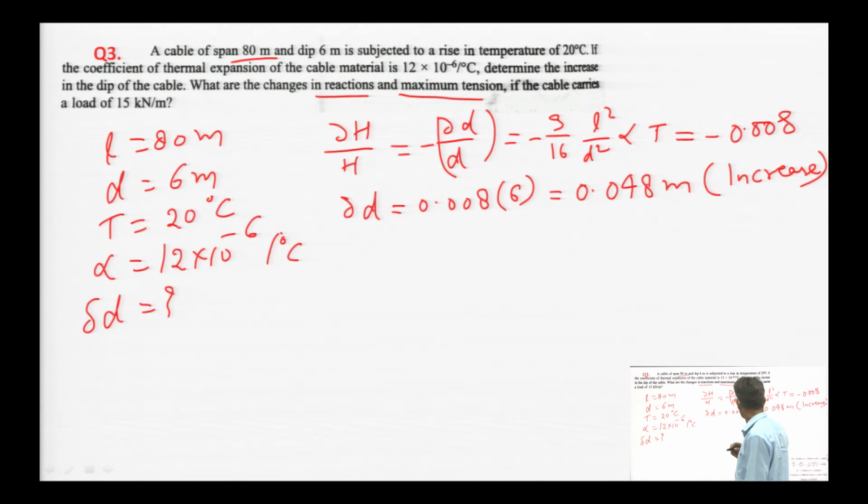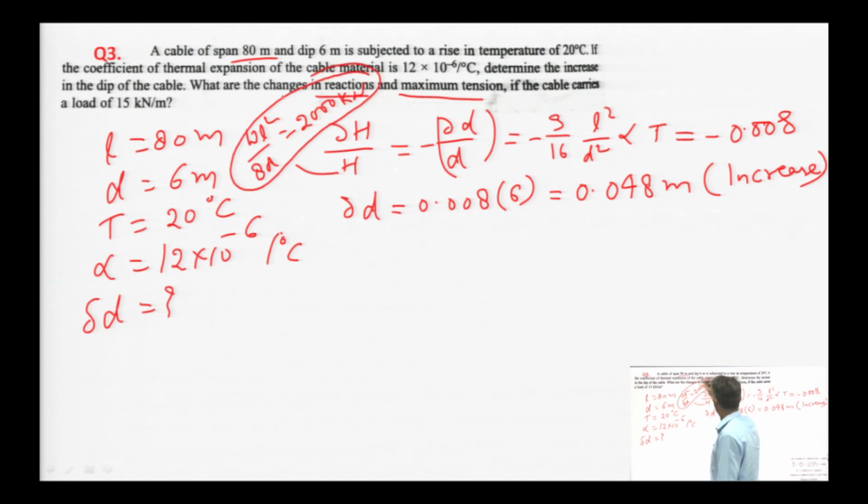Now, what will we calculate? What are the changes in reaction? Find the value of H also. This value of H is W L square upon 8D. By putting the values, we get H as 2000 kilonewton.